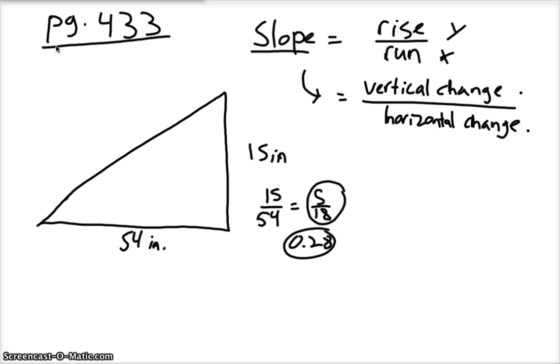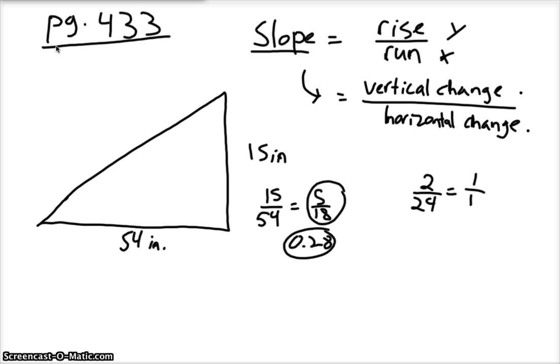So I want to do one more example. I'm looking at 1a, and it says, what is the slope of a wheelchair ramp that rises 2 inches for every horizontal change of 24 inches? Write a fraction in simplest form. So it says it rises 2 inches, so rising would be my y, or the top, for every 24 inches that it goes horizontally.